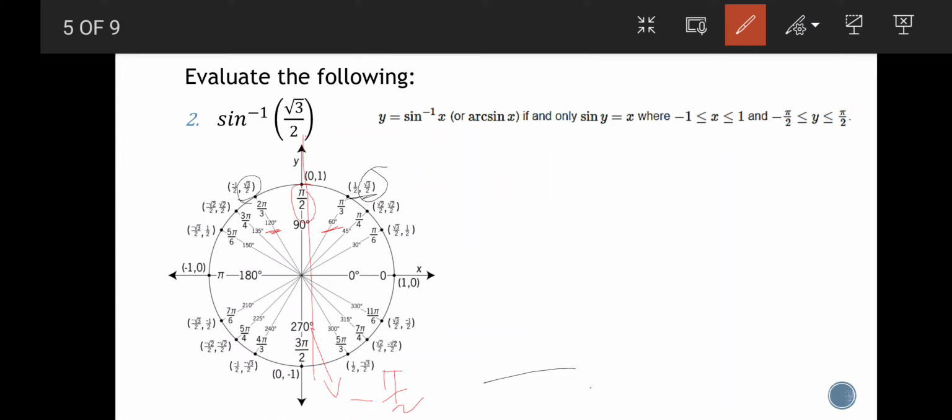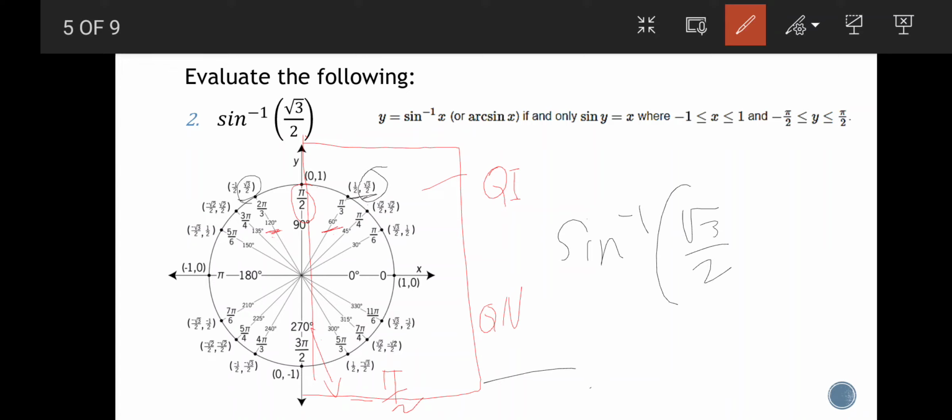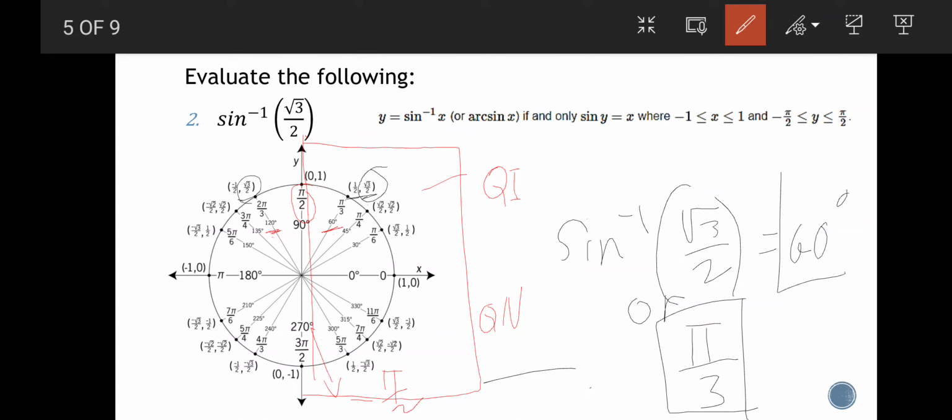So your answer should only be in quadrant 1 or in quadrant 4. Now take note, 120 degrees is not within our range. Therefore, arcsine square root of 3 over 2 is equal to 60 degrees, or that is pi over 3 in radians.